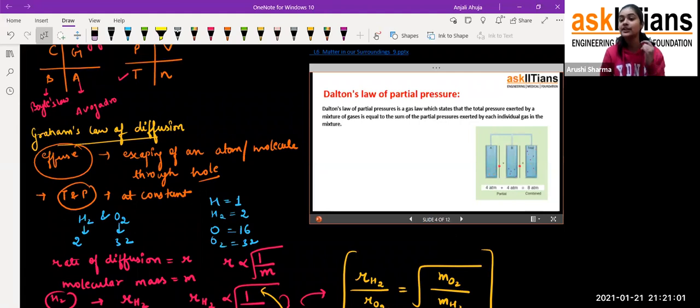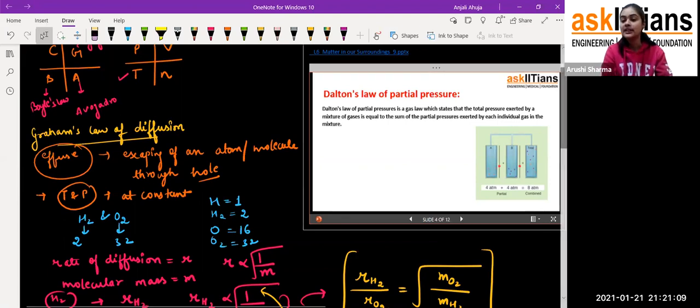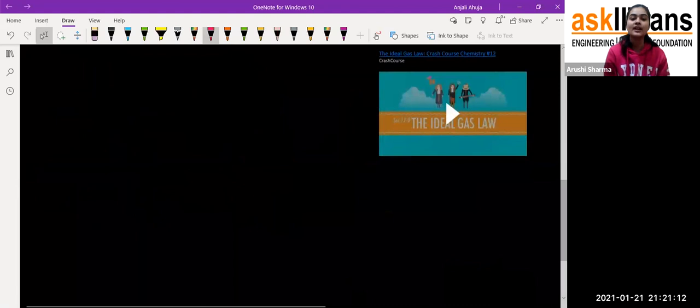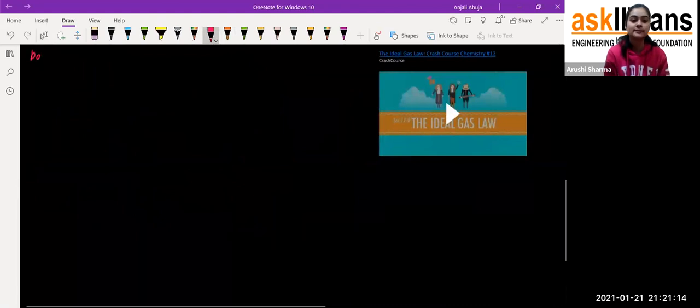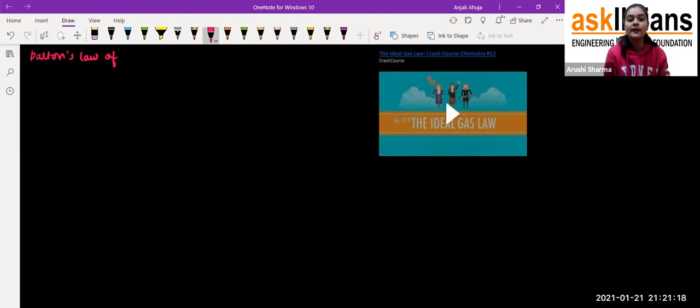Pressure is calculated in atmosphere, it's a unit of pressure. So when both are mixed together, they will exert the sum of it. So you can see from here what Dalton's law of partial pressure is.